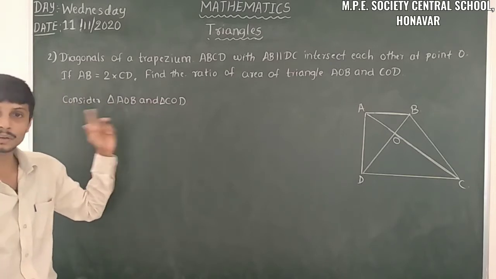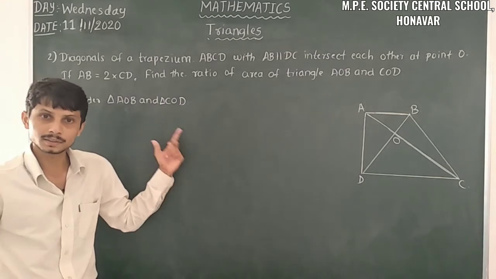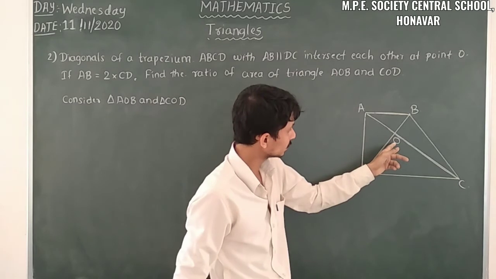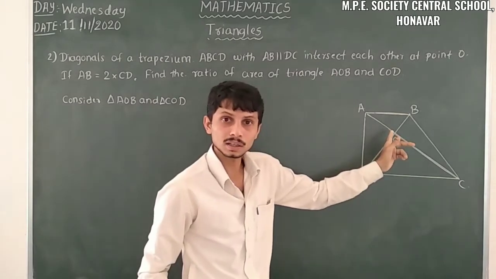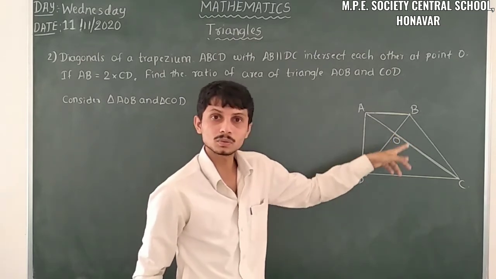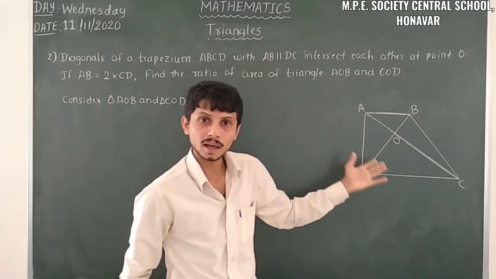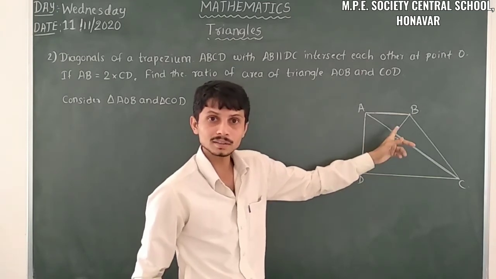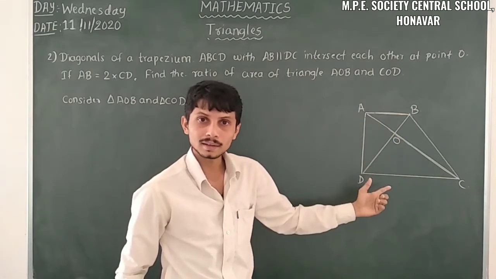So in the solution, firstly we have to prove that those two are similar triangles. So what are the similarities we have? Here just observe, these two angles are vertically opposite angles. When we have intersecting lines, we have a pair of vertically opposite angles. So from the point O we have two angles, which are corresponding parts of these two triangles.